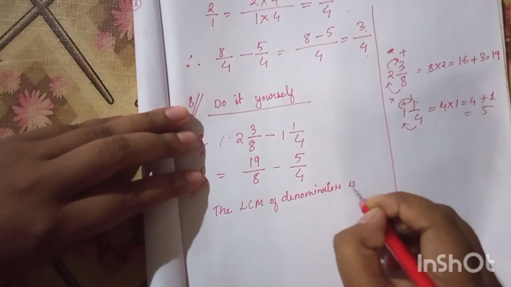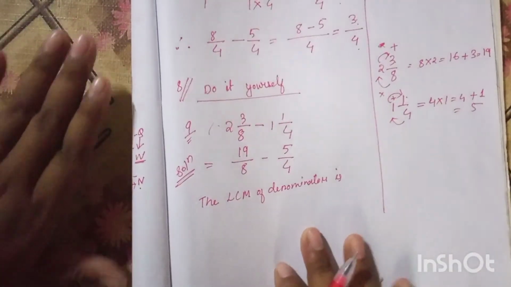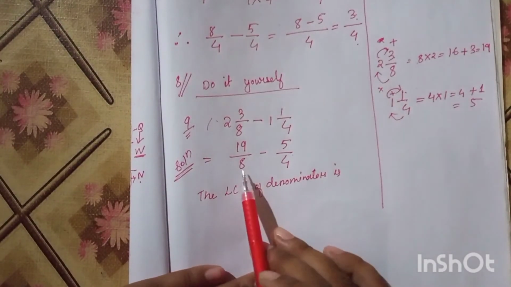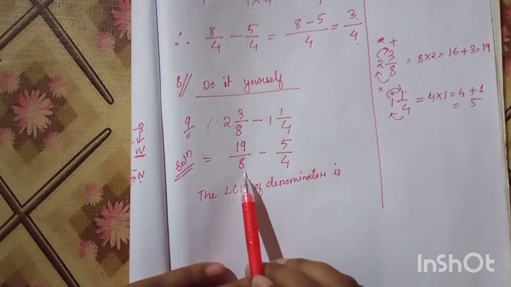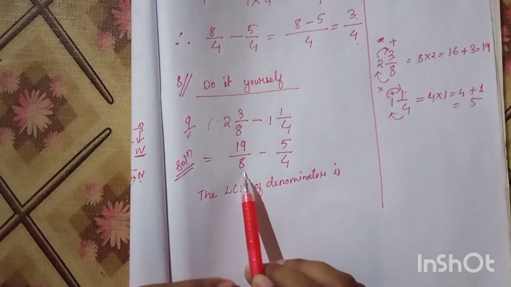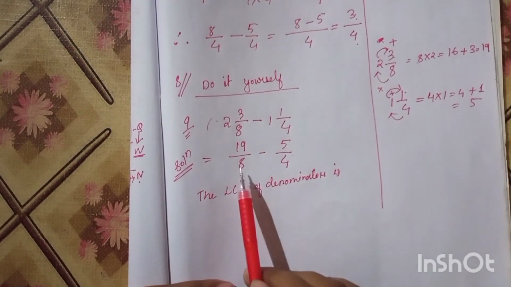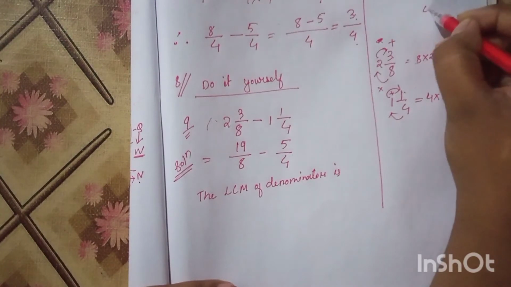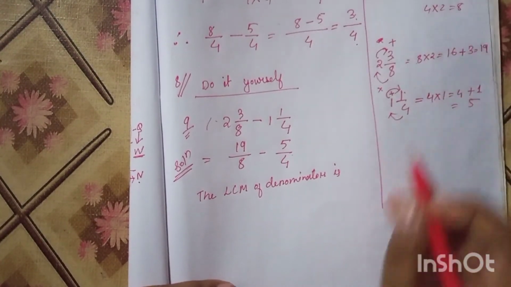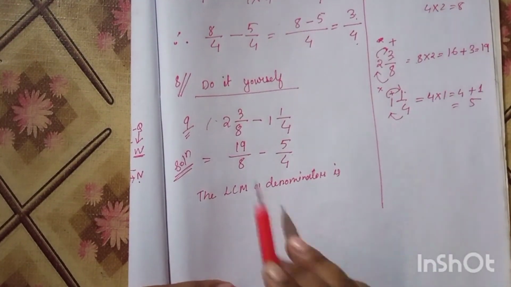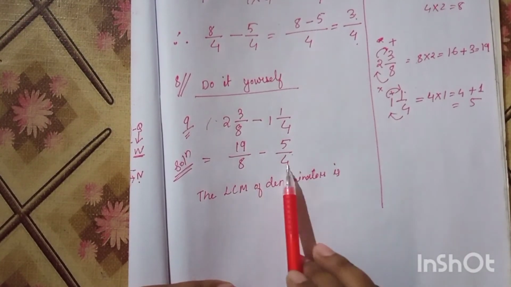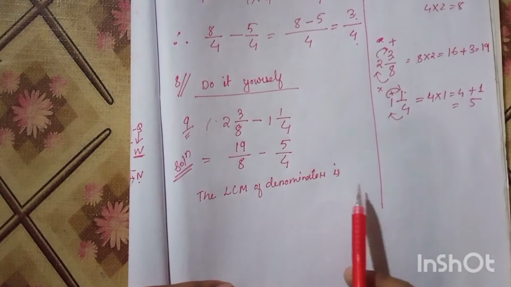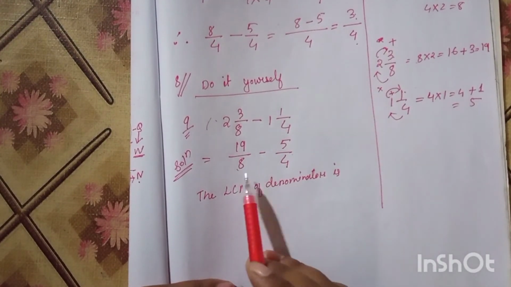There is also a shortcut I'm going to tell you. Look, 4 and 8: 4 is a factor of 8. Yes or no? 4 is one of the factors of 8 because 4 2s are 8, right? This is why, if the smaller number is a factor of the bigger number, then the bigger number becomes the denominator.